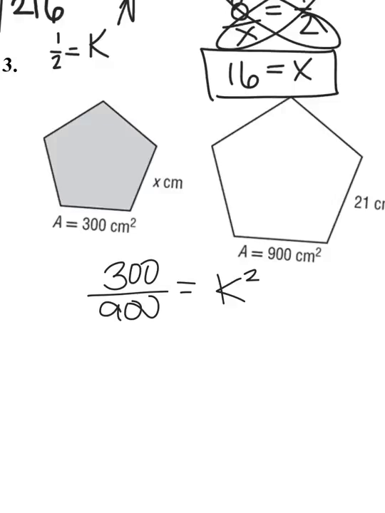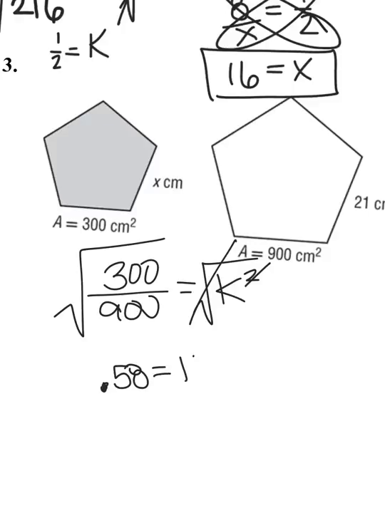If I want k by itself, I take the square root. And the square root cancels the square. Square root of 300 over 900 as a decimal. Again, we'll run to the hundredths place here to give us closer to the exact answer. Scale factor is 0.58.